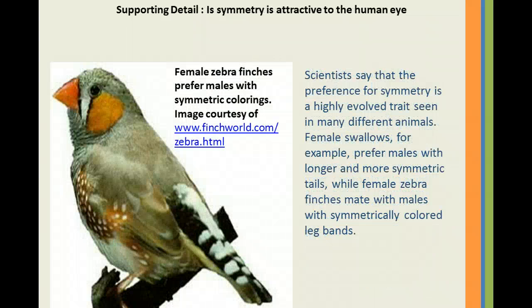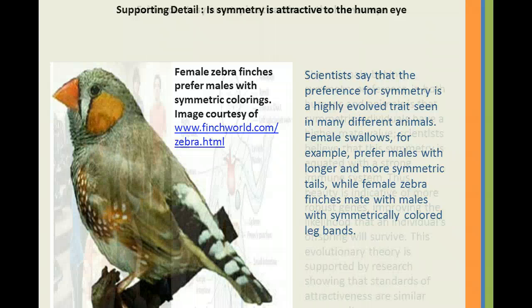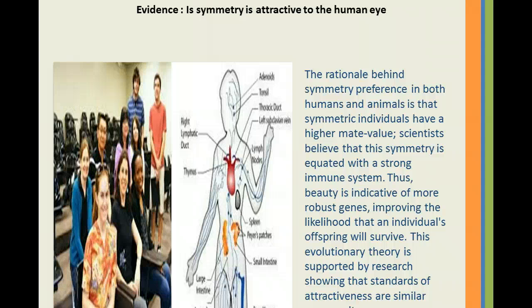Scientists say that the preference for symmetry is a highly evolved trait seen in many different animals. Female swallows, for example, prefer males with longer and more symmetric tails, while female zebra finches mate with males with symmetrically colored leg bands. The rationale behind symmetry preference in both humans and animals is that symmetric individuals have a higher mate value.